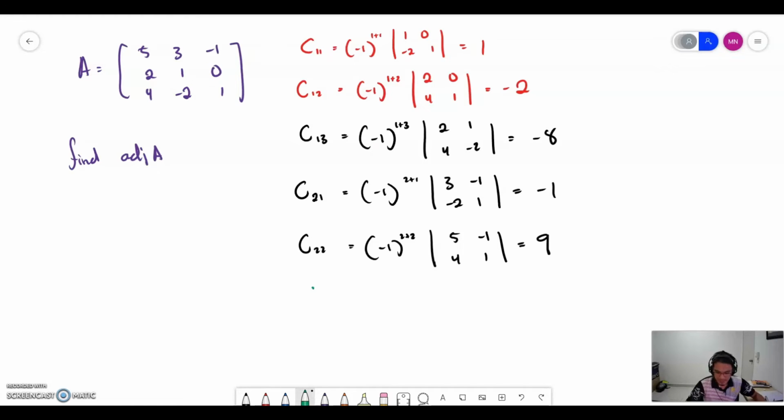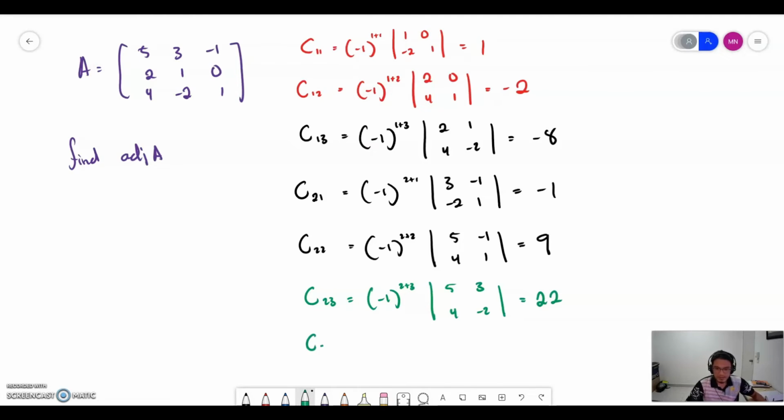Okay, then C23, negative 1 to the power of 2 plus 3. For this one, the second row and third column means we have 5, 3, 4, negative 2. Then the answer for the cofactor is 22.